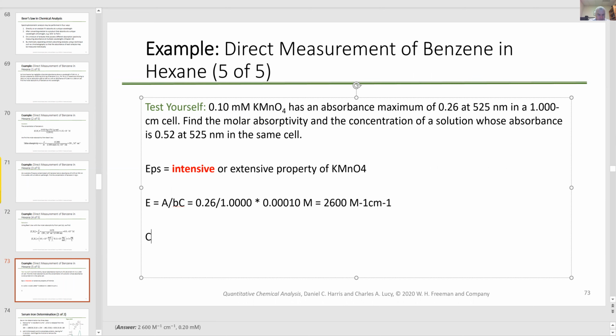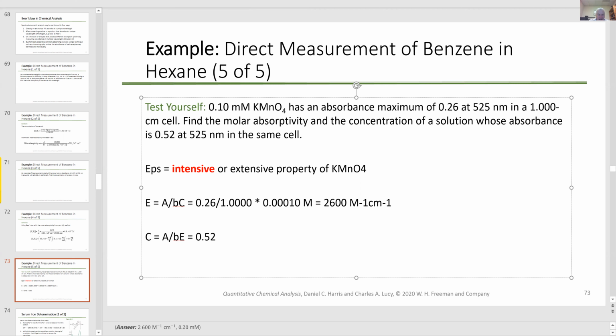Now C will equal A over B epsilon. Right? Then we just have to substitute the absorption in, 0.52. Oh my God. What's the relationship between 0.26 and 0.52? Factor of 2, right?